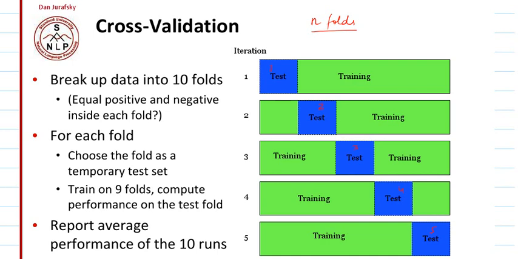Each single fold is taken as test data, and the rest is taken as training data. On each of these settings the algorithm is applied and the model is tested, and then we are able to achieve an average accuracy, or average evaluation parameter, for that particular task.